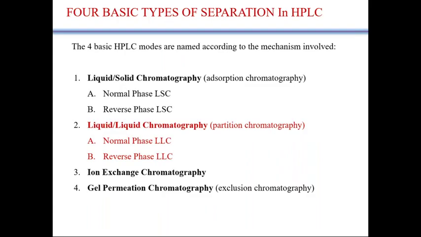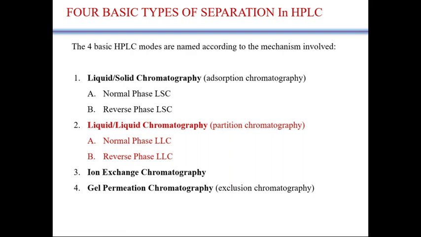There are four basic types of separation in HPLC, and these are: one is the liquid solid chromatography, where the mobile phase is a liquid and the stationary phase is a solid. There we have normal phase and reverse phase. Then you have liquid-liquid chromatography, where the stationary phase is a liquid and the mobile phase is a liquid.